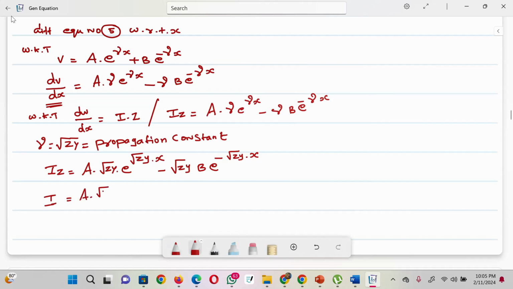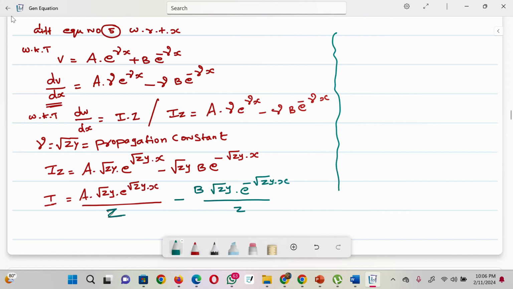A into root ZY e power root ZY into x over Z, minus B into root ZY into e power root ZY into x over Z. Again we are going to reduce this equation. From here this Z is going to cancel.